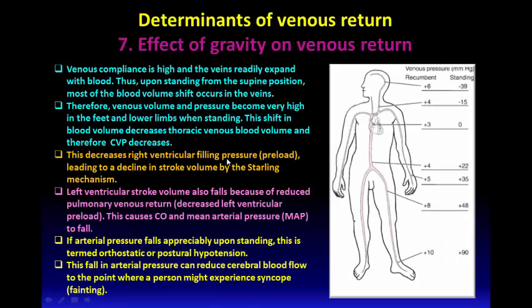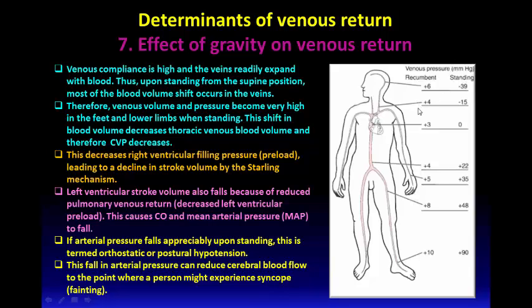The seventh factor which affects venous return is gravity. This figure summarizes the effects of gravity on the venous pressures in the veins in the different parts of the body when someone is in the recumbent position and when the same subject is in the standing position.